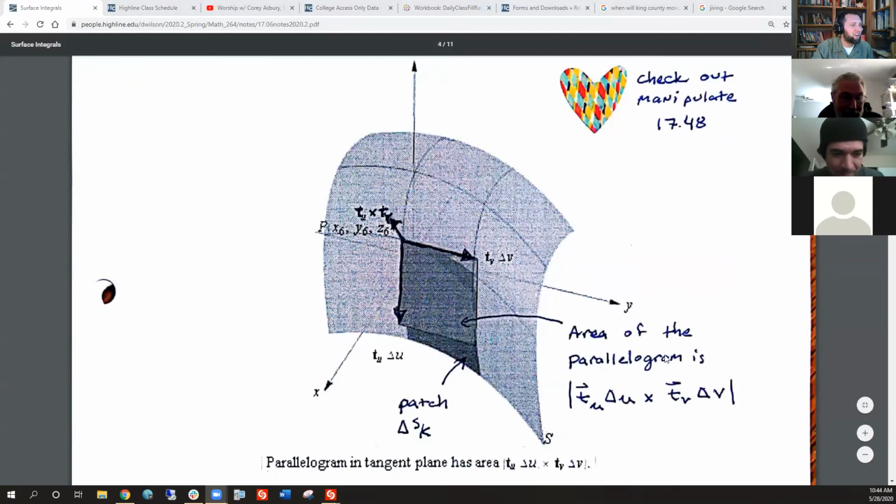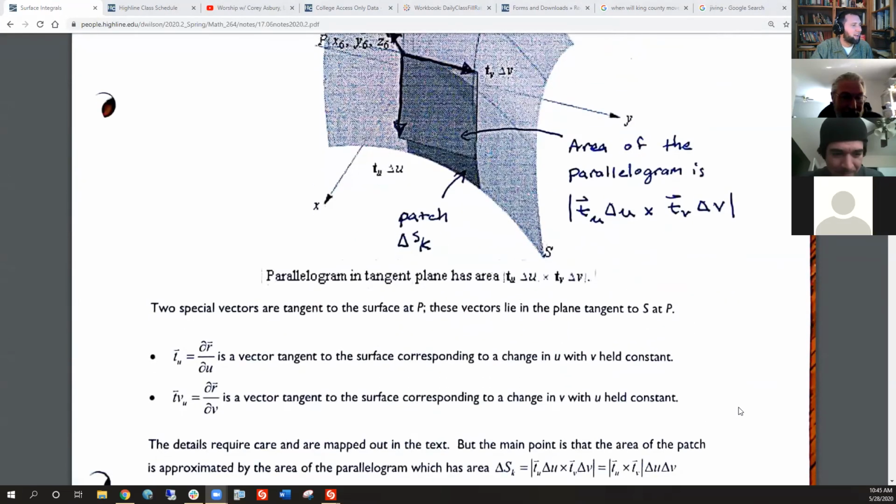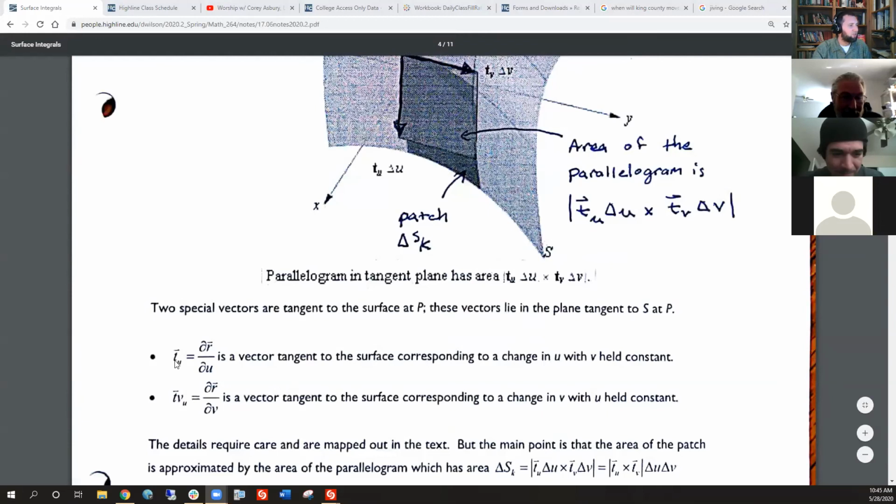So the area of the parallelogram is the magnitude of that cross product, because the cross product itself is just a vector. And in order to do this, we're going to need those two special vectors. We needed the vector T_U, the vector tangent to the surface corresponding to a change in U with V held constant.